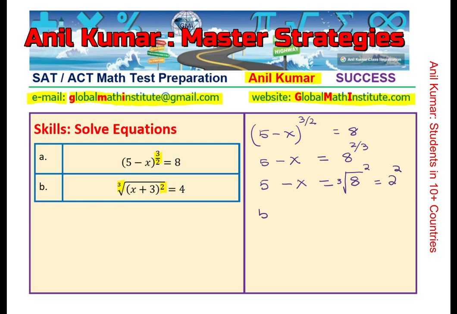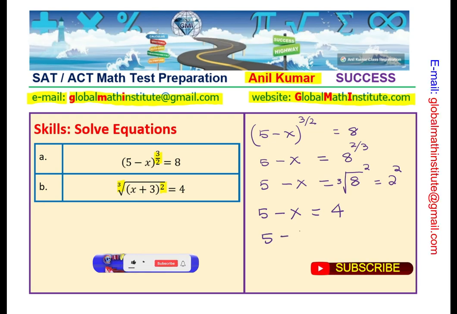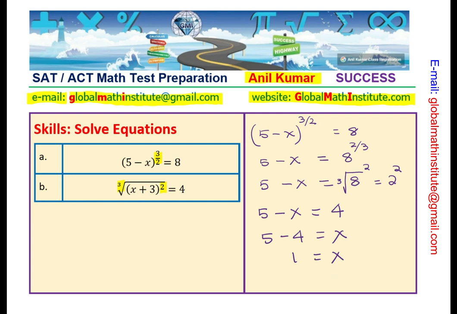So we can now write our equation as 5 minus x equals 4, or 5 minus 4 equals x, and so we get a value of x as equal to 1. You can always verify. Substituting 1 here, to the power of 3 by 2, you'll get 8. So I'll leave that verification for you as an exercise. But I hope you have understood these steps.